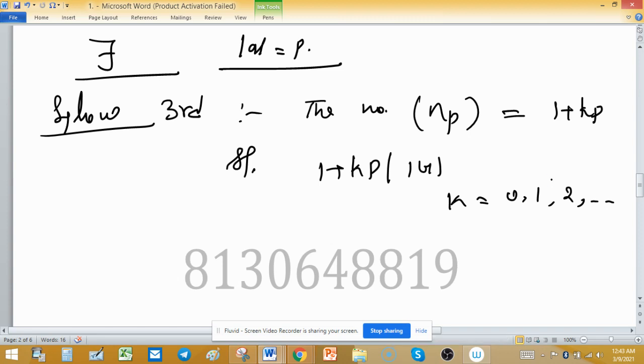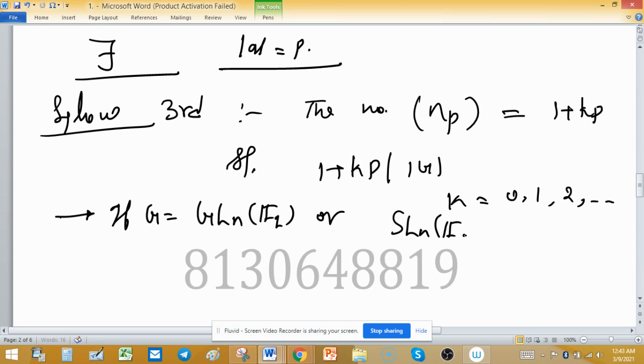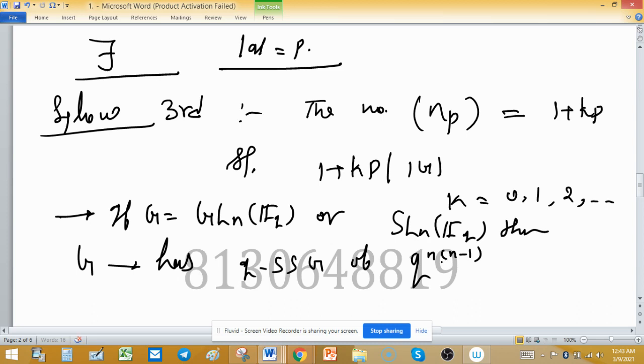If G is GL(n, Fq) or SL(n, Fq), then G has a Sylow q-subgroup of order q raised to the power n(n minus 1)/2.